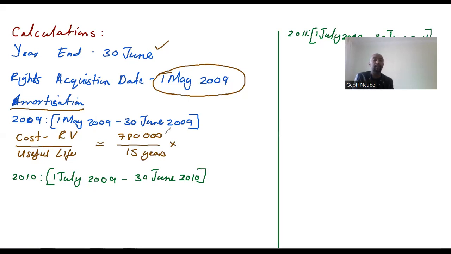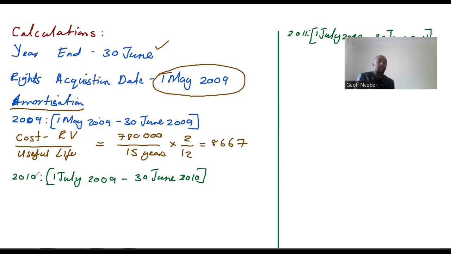May, June. 2 months over 12, which will give us 8,667. Okay, so it's very important to have your timeline so that you won't get lost. So this is 2 months, May to June.